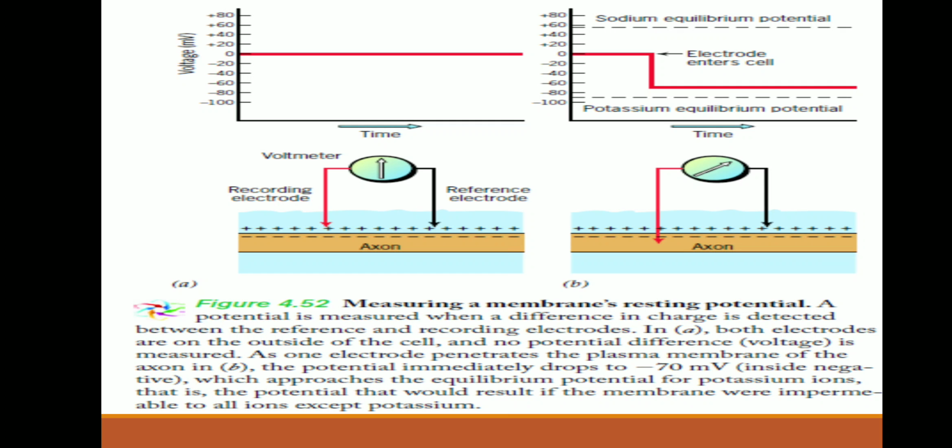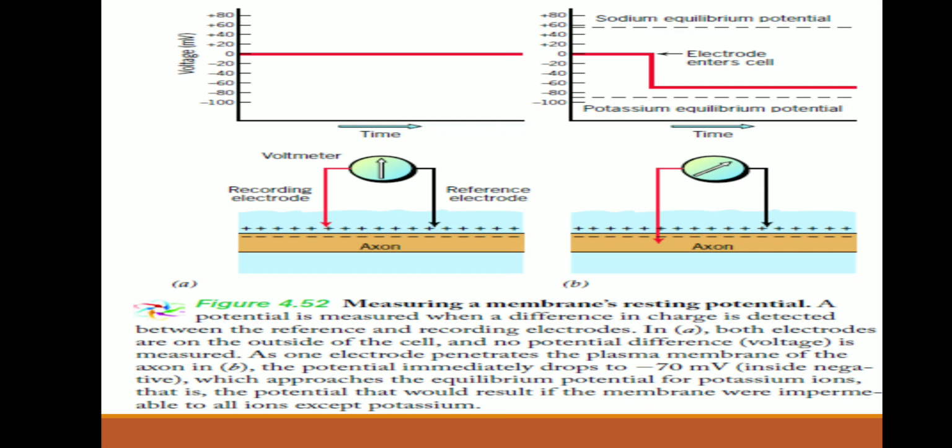If we talk about the membrane potential of potassium at equilibrium, its value is minus 91 millivolts. Potassium is inside the cell and sodium is outside the cell. Outside the cell, the sodium equilibrium potential has a value of plus 55 millivolts.